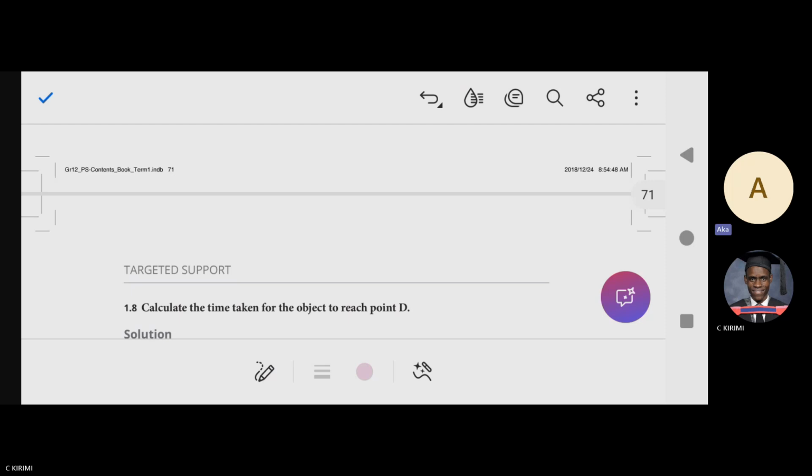Calculate the time taken for the object to reach D. Is it from C to D? No, it's the whole projectile, so from A to D. That is your homework.